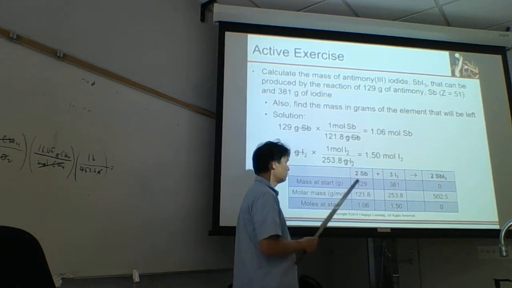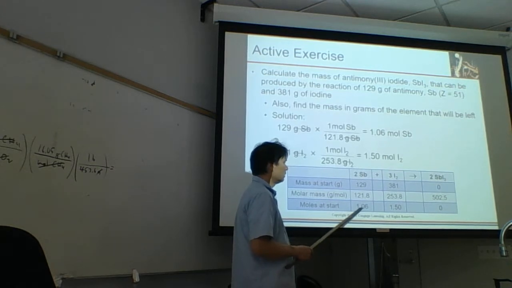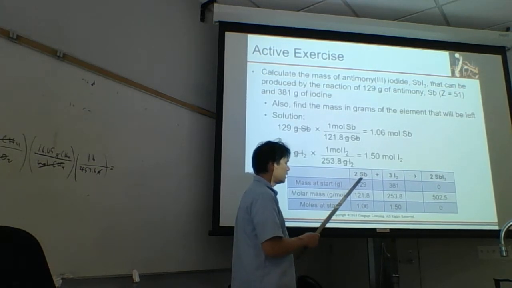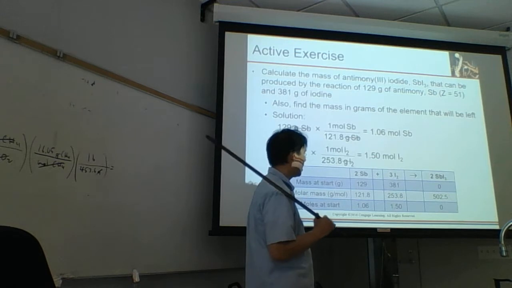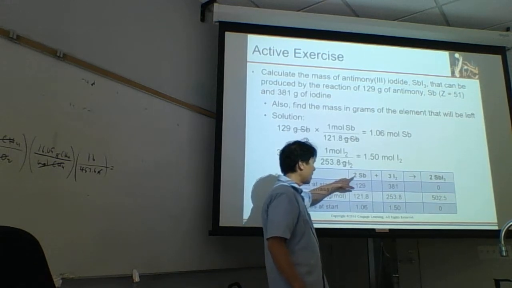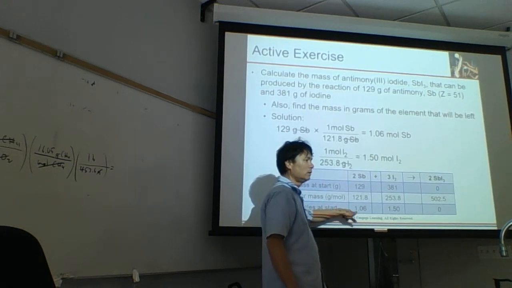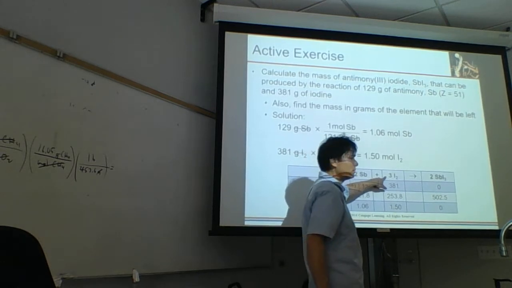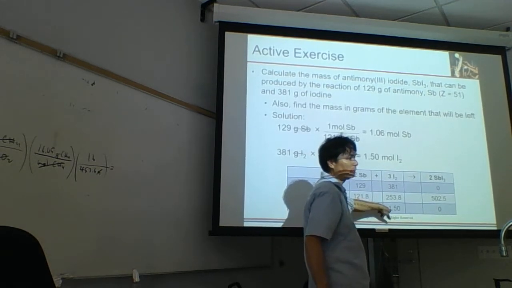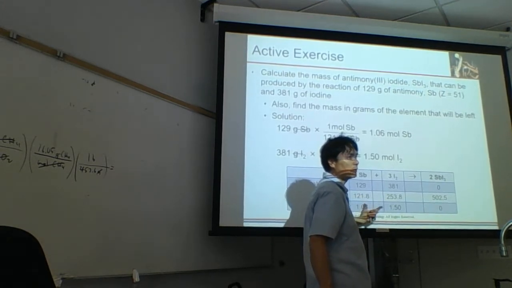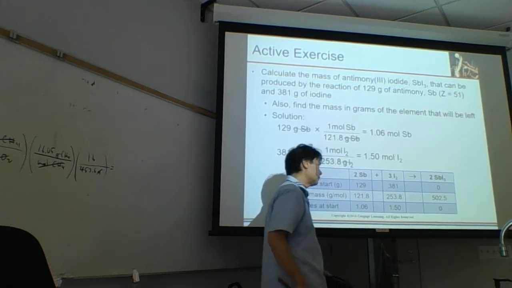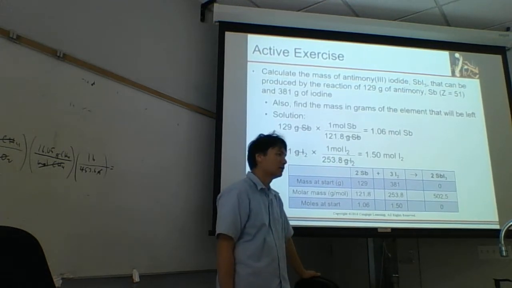Because, if we think in terms of 1/2, 2 times 1/2 is 1, and 3 times 1/2 is 1.5. And so it's pretty close. But you can see that we have a slight excess of what?